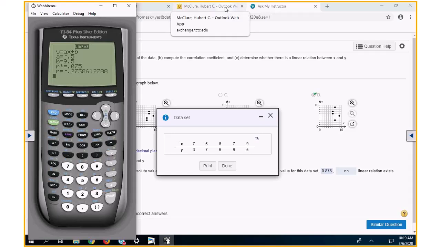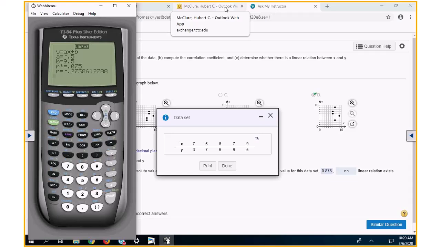Anybody else need me to fix something? No, you did it fine. Well, you typed in a wrong number. Okay. Go back and check your numbers because it's working. It's just giving me different numbers. That means you've typed in something wrong. Did y'all get negative 0.27?